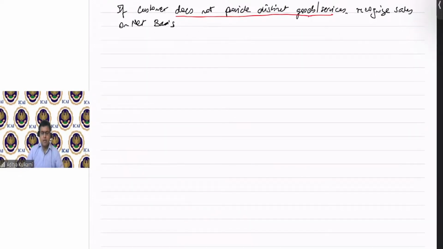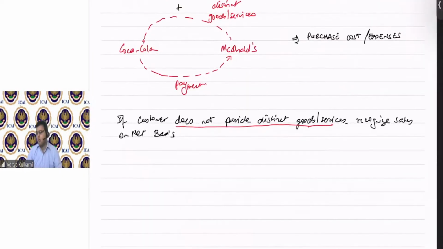Okay. Now, many times what will happen is they again want to jack up their revenue in these arrangements also. So what these entities will say is, look, you are giving me distinct goods or services. The fair value of that service is 25 rupees.